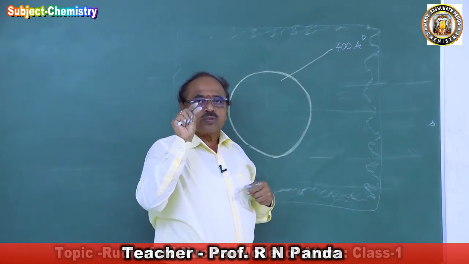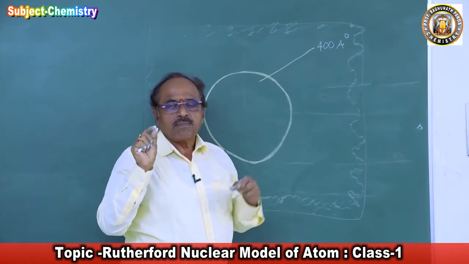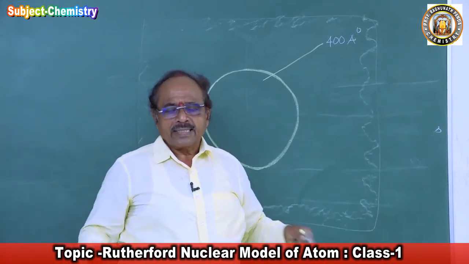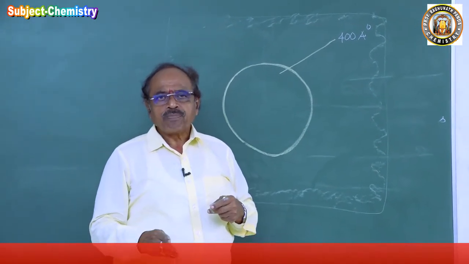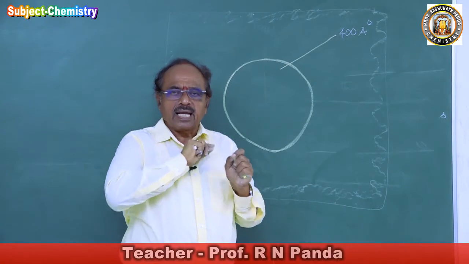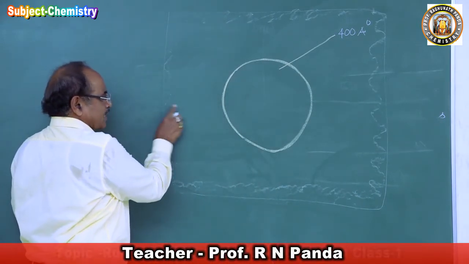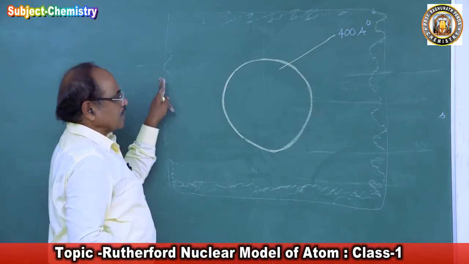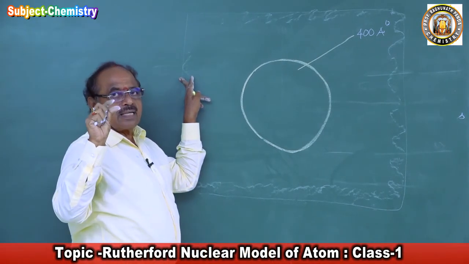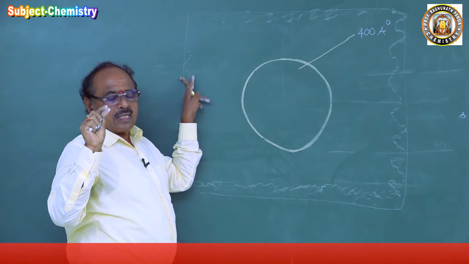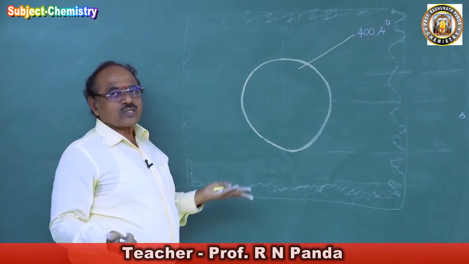He prepared a box and kept the gold foil in the middle, made a pinhole, allowed these alpha particles to enter through this, and was observing through another lens fixed in the pinhole what is going on inside.